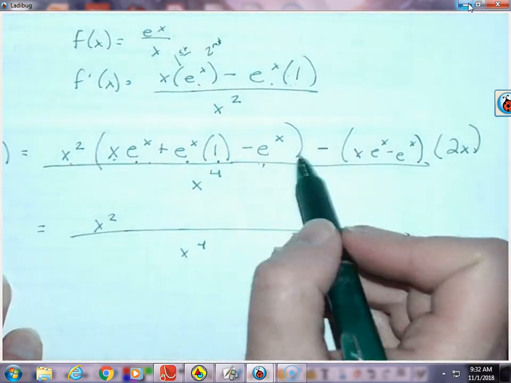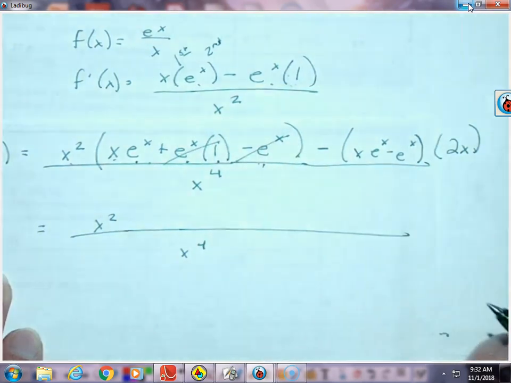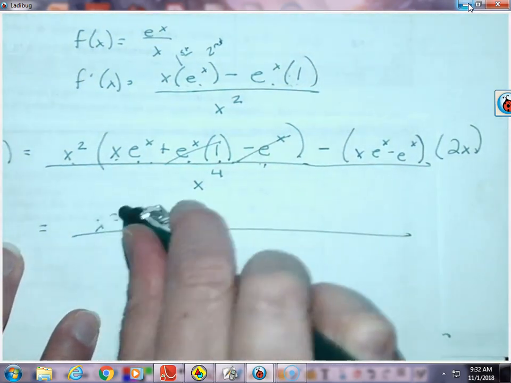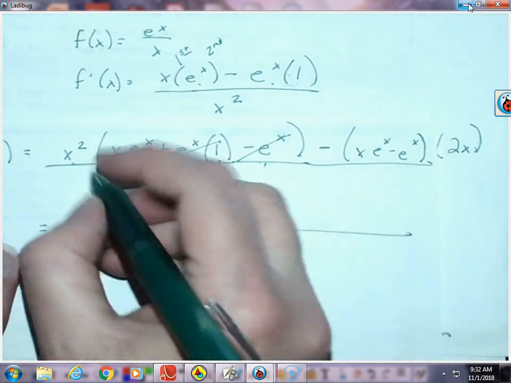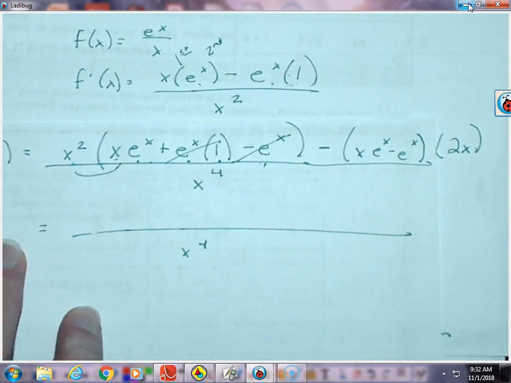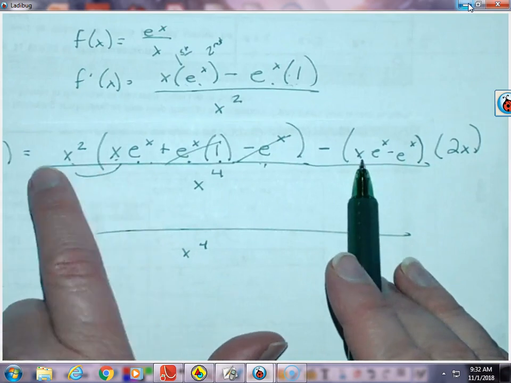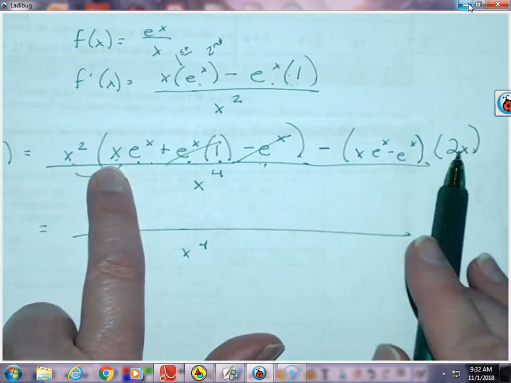I can see that inside here, these are going to cancel, e to the x minus e to the x. So really, I could go ahead and multiply these two by each other. If we don't multiply it, can we just have the negative sign and get rid of those two? We can't, because I've got to do the multiplying first.